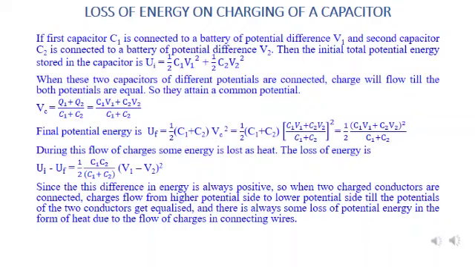If the first capacitor C1 is connected to a battery of potential difference V1 and the second capacitor C2 is connected to a battery of potential difference V2, then the initial total potential energy stored is Ui equals half C1 V1 square plus half C2 V2 square.